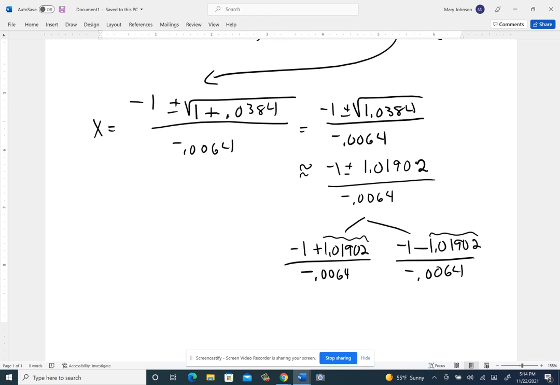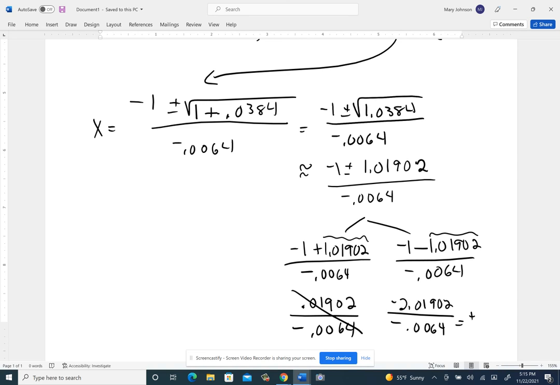Okay, so I'm going to do -1 plus 1.01902, and I get a positive number divided by a negative number, which is not going to make sense because you're not going to have a negative distance from home plate. But this one's going to be -2.01902 divided by -0.0064, which will be a positive number.